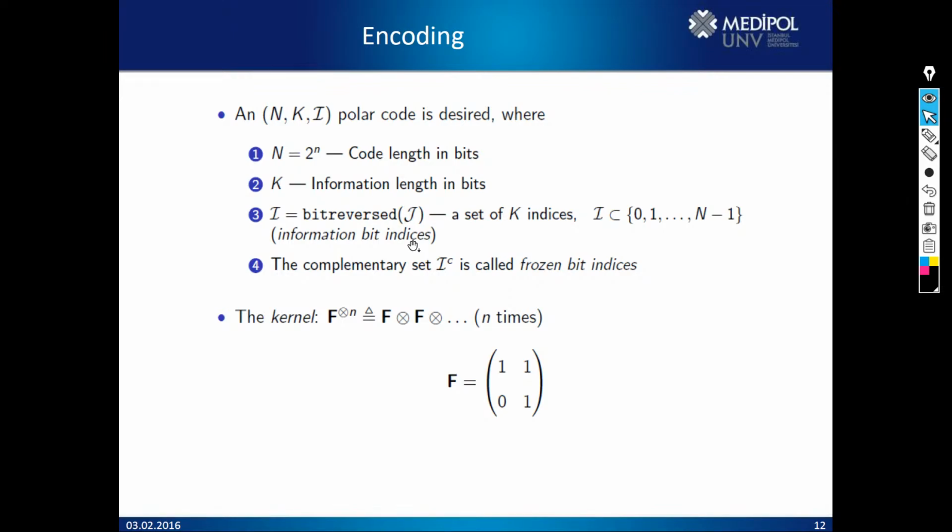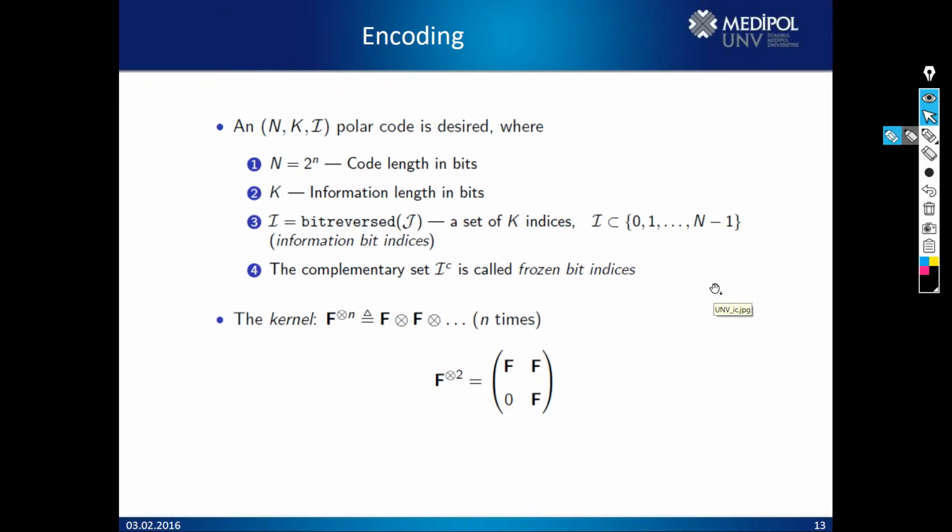This kernel contains only zeros and ones, and these zeros and ones are designed in such a way that they minimize the complexity in the circuit that builds the encoder. So let's see an example here.